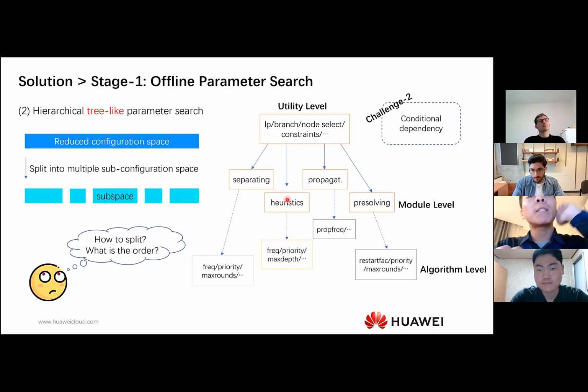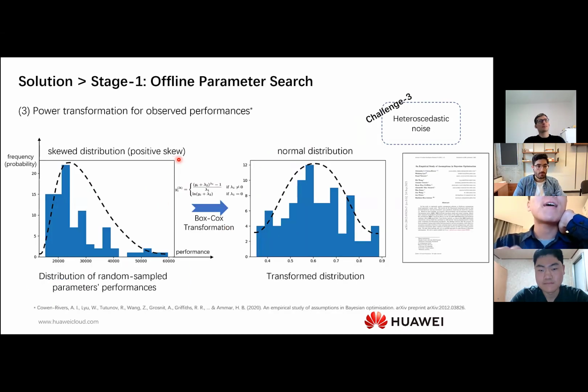Note we divide all parameters in the reduced configuration in the subspace into three levels, and the parameters in the lower level can have a conditional dependency on the parameters in the upper level, so that we can do pruning in our search. Then for the parameter tuning in each subspace, we do a BO search.